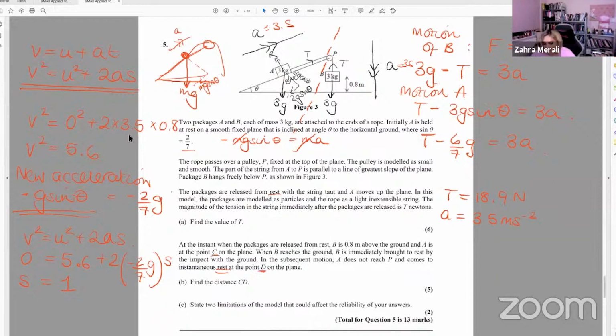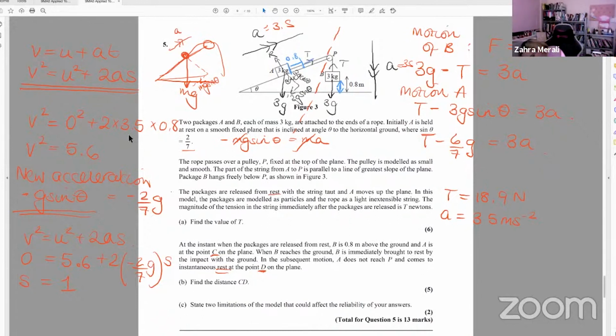from the point C. So if you think about what's happened here, we want to know how much it's moved. So it's already moved 0.8. So what's happened is, let's see if I use a different color. Sorry, this is very messy. So as this goes down 0.8, this moves up 0.8. Then it goes all squiggly, but it continues to move up as it gets slower and slower and slower.